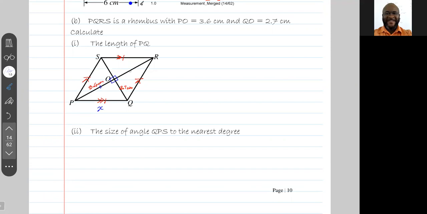So in other words, the diagonals of a rhombus divide the rhombus into 4 identical right angle triangles. So let's have a look at this right angle triangle.